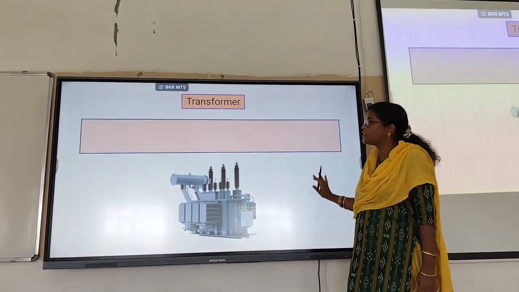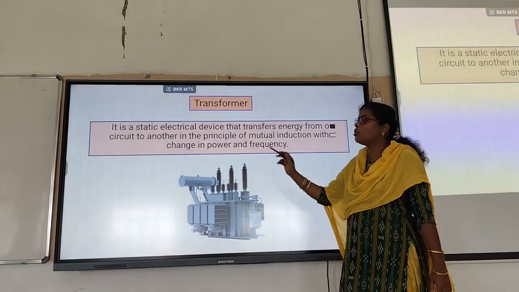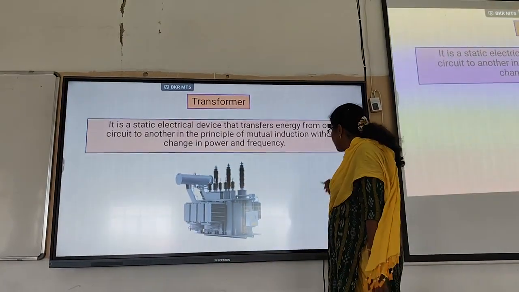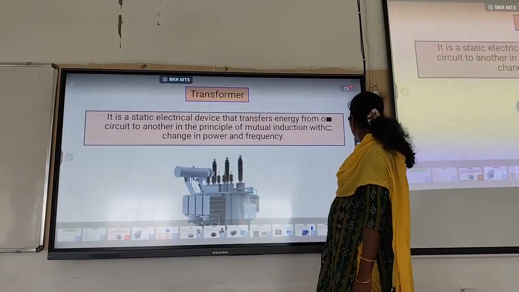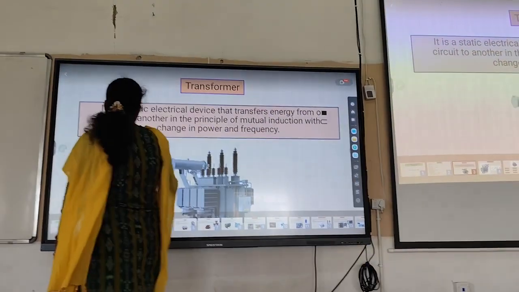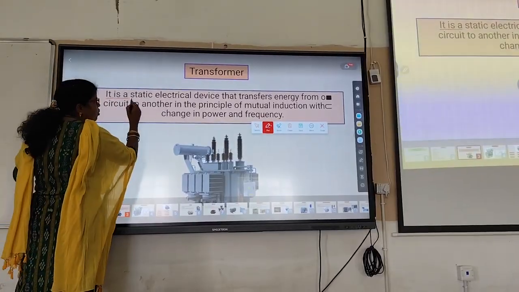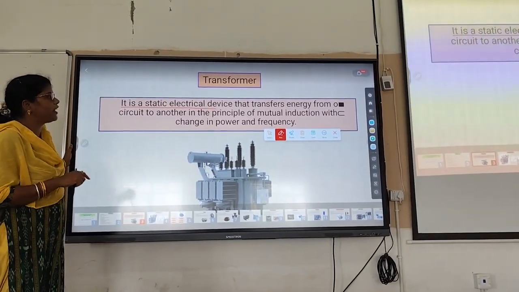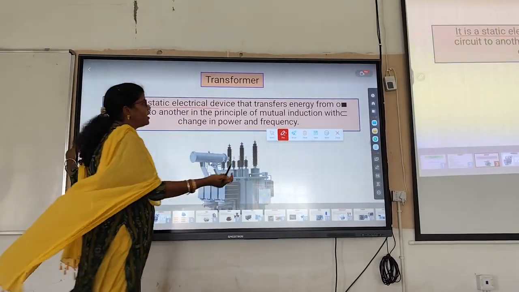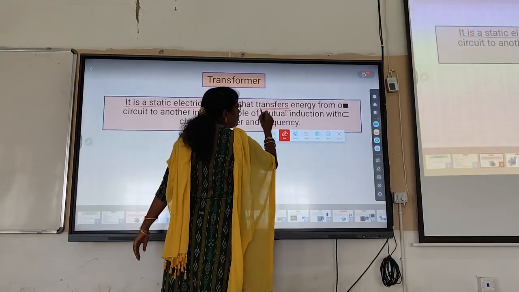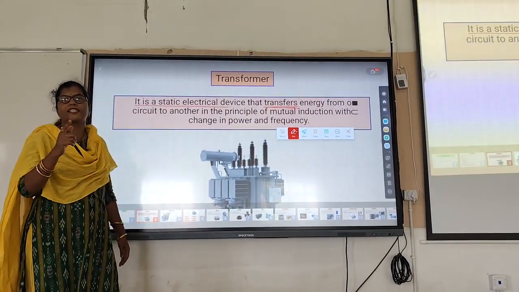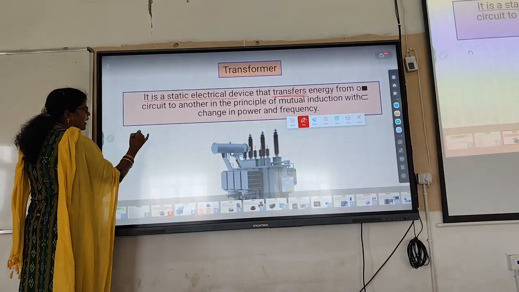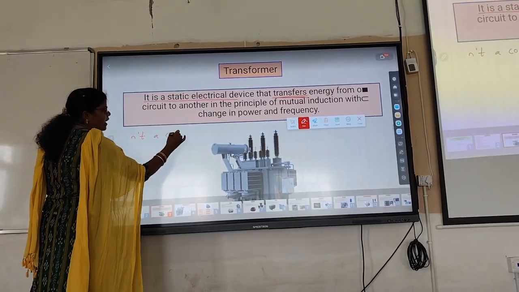Okay. Then what is a transformer? A transformer is a static electrical device. It is not a converting device.